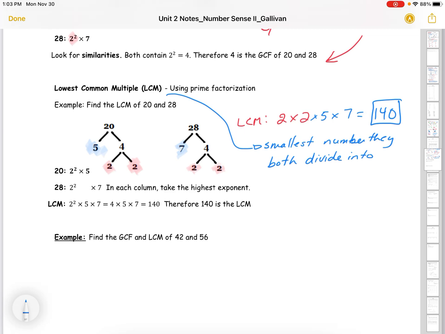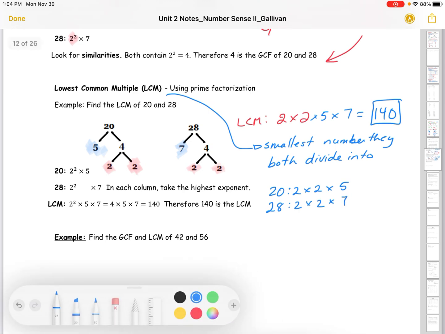Okay, alrighty. Now, let's do some practice. And again, you can list this out like we did here. If you go 2 times 2 times 5, and then 28 is 2 times 2 times 7.